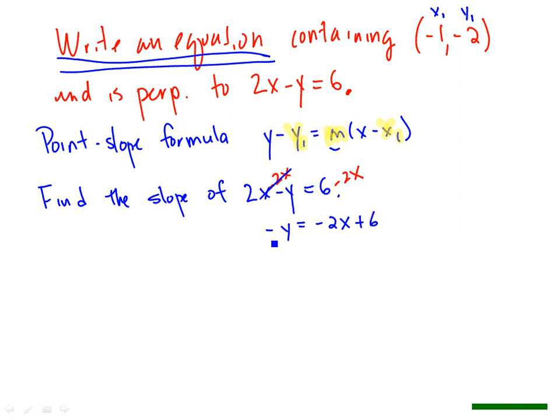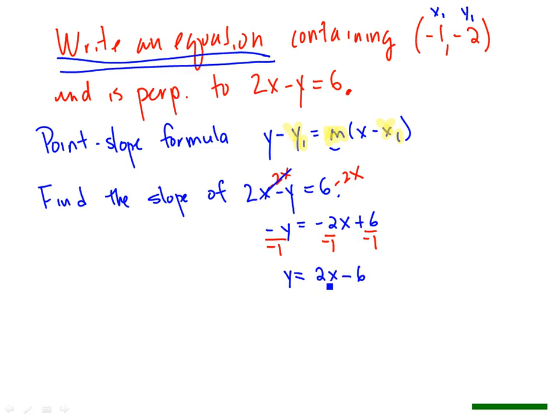A lot of students make the mistake and think that this is in slope-intercept form, but it's not. It's because there is a -1 attached to the y, and in order to be in slope-intercept form, y must be by itself, alone on one side. So we must get rid of the negative, either by multiplying or dividing. We have y equals 2x minus 6.